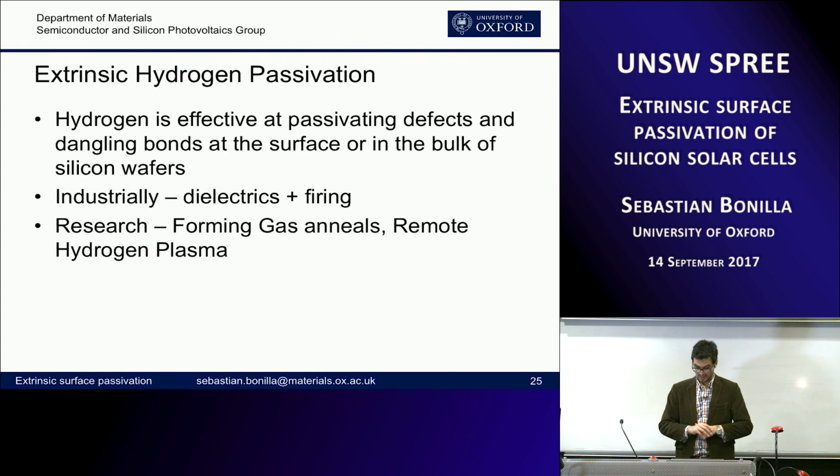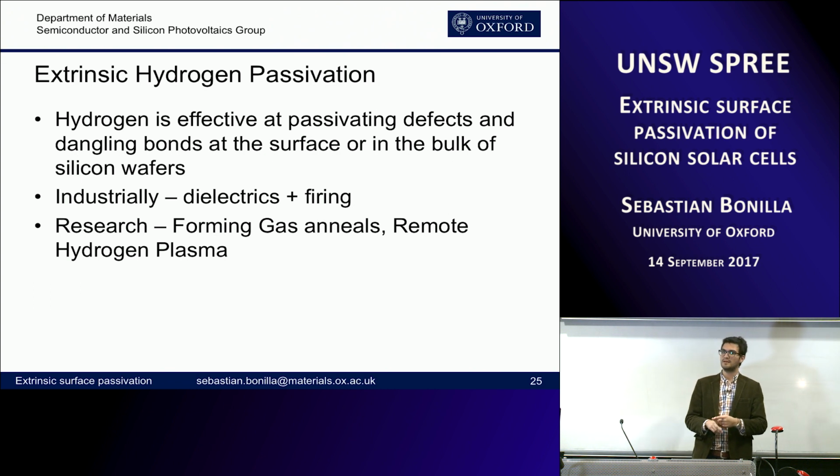Okay, so I'm going to finish with a few slides on extrinsic hydrogen passivation. This is work that mainly has been done by my colleagues Phil Hamer and Gabrielle Bourret. Many of you would have known Gabby. She was here for a little while. And here, the key part is that so far, there have been mainly two methods of introducing hydrogen in silicon.